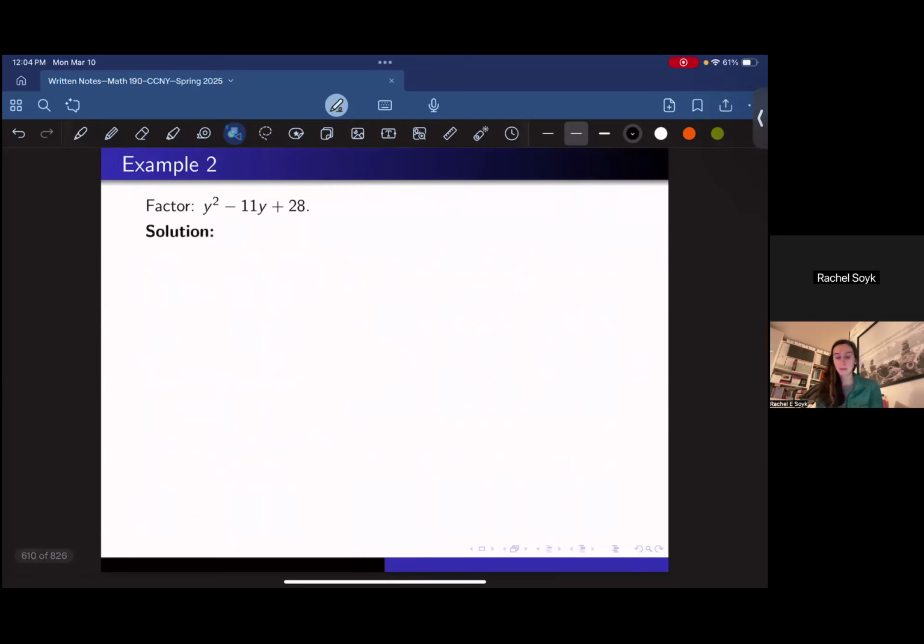Practice another example. This one you'll notice we're going to have to end up manipulating using some negatives. And our variable here is y, so our format is going to look like this this time around. Factor pairs of our C value. So factor pairs of 28.